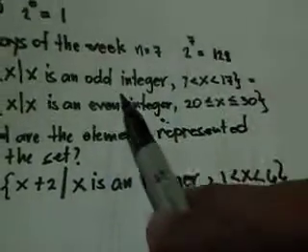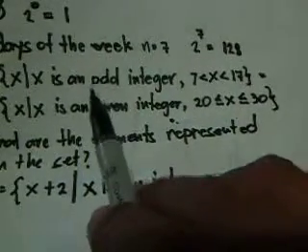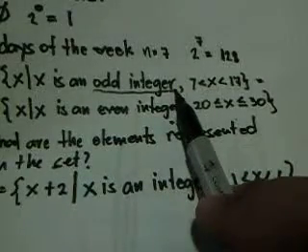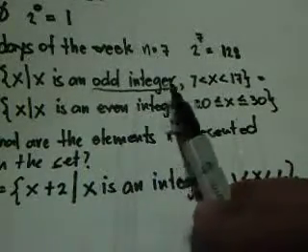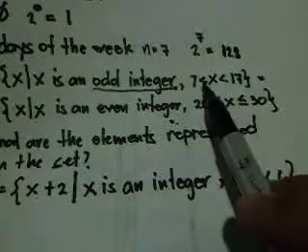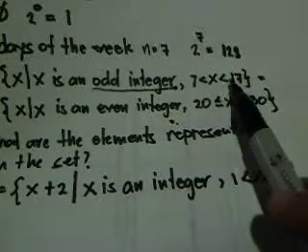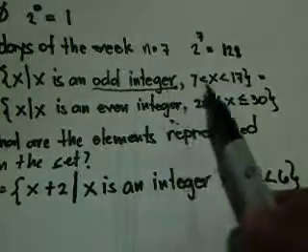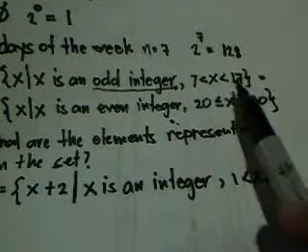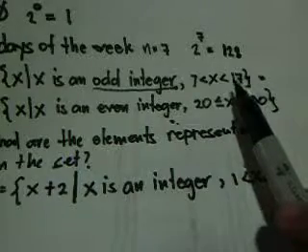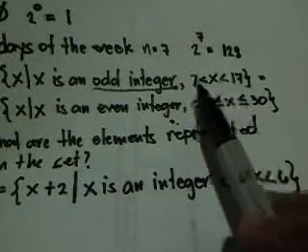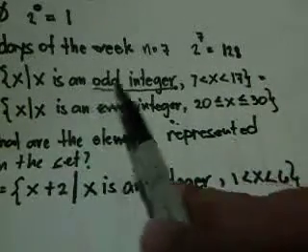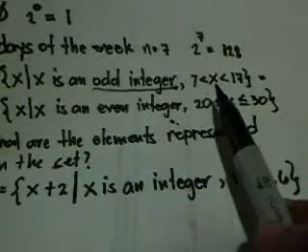Take note of the restriction that it is an odd integer, where 7 is less than x is less than 17. Now x here is an odd integer within these numbers. So if we're going to find the number of elements, x represents an odd integer within these numbers.